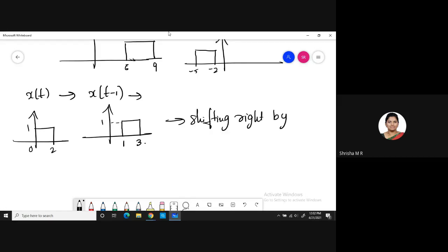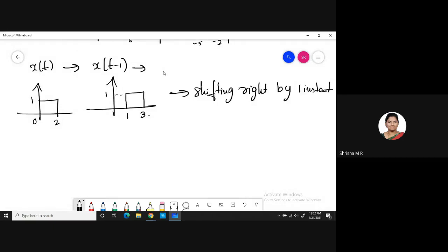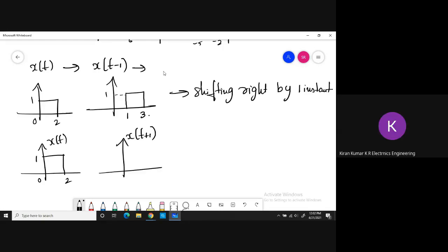By 1 instant. Suppose I have x of t plus 1. I have my original signal x of t and this is an instant from 0 to 2. So what is x of t plus 1? -1 to 1. Yes.